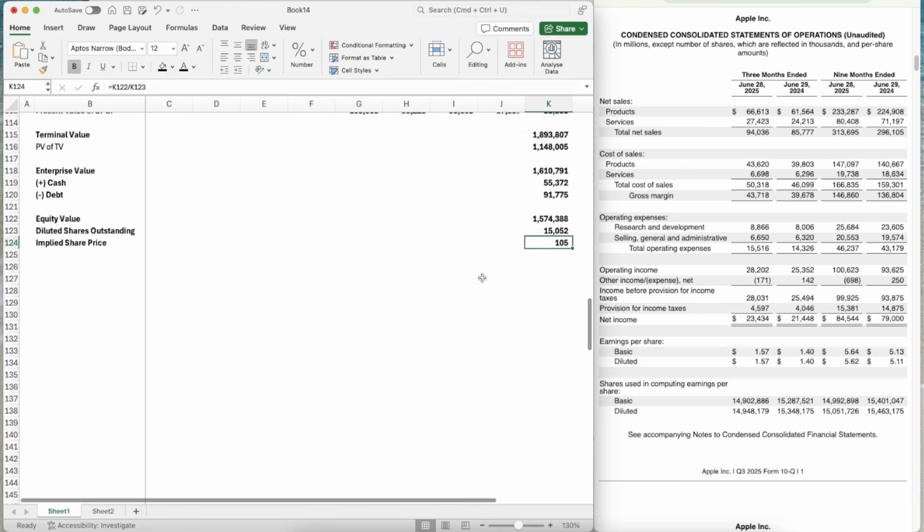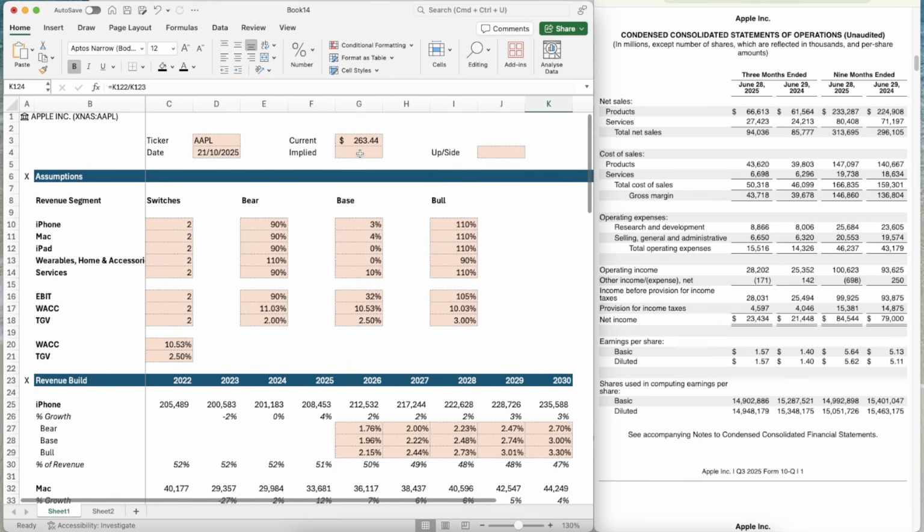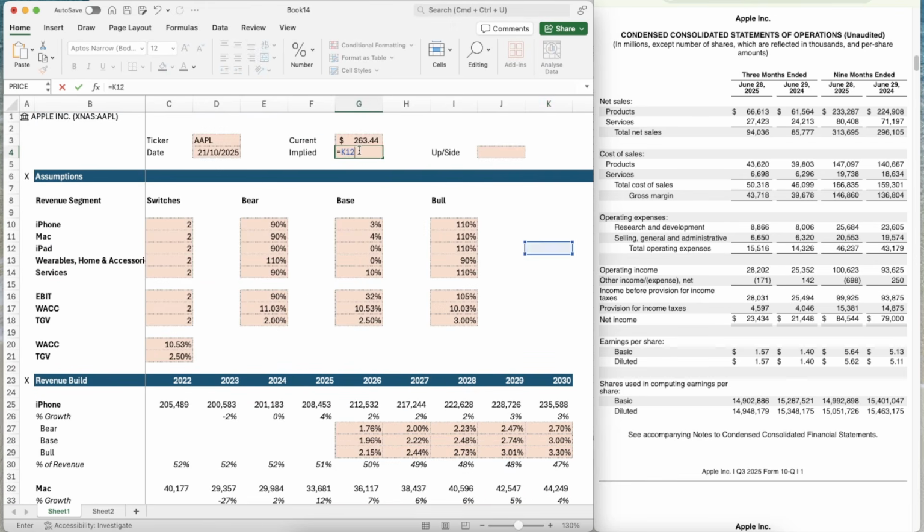So let's have a look. So, I mean, theoretically, on a base case scenario, there is a minus 60% downside to Apple.